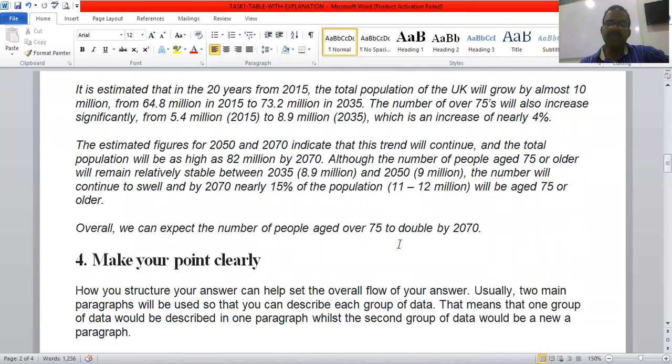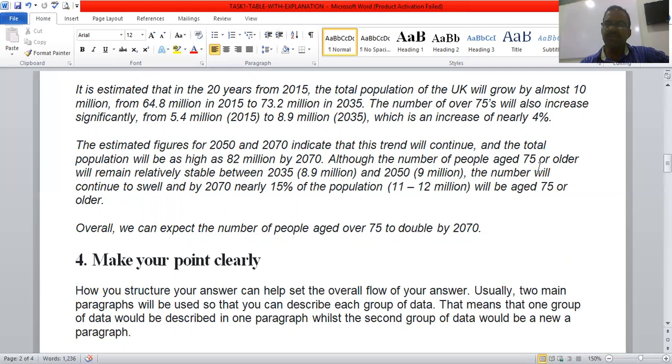The estimated figures for 2050 and 2070 indicate that this trend will continue and the total population will be as high as 82 million by 2070.